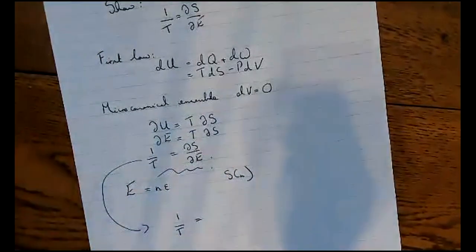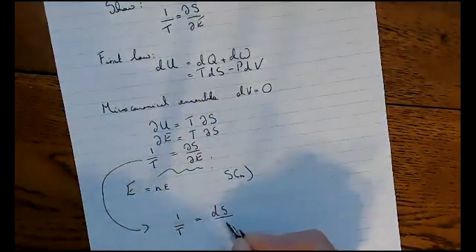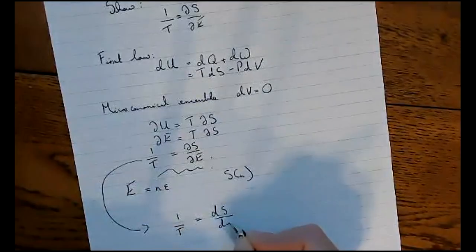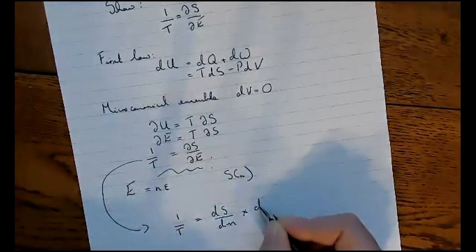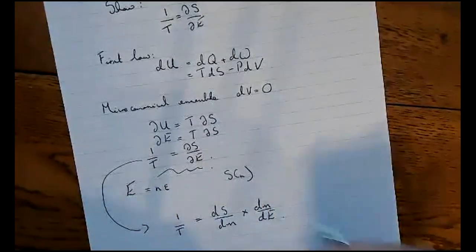So we can do 1 over T, and we can do this little mathematical trick. We can say that this is dS by dn times dn by dE.